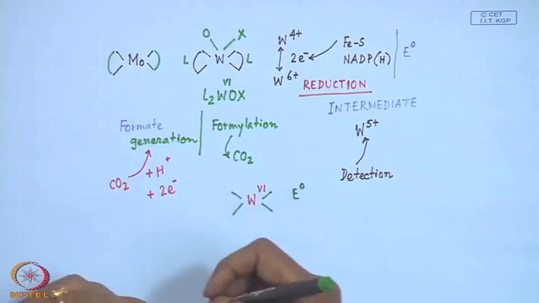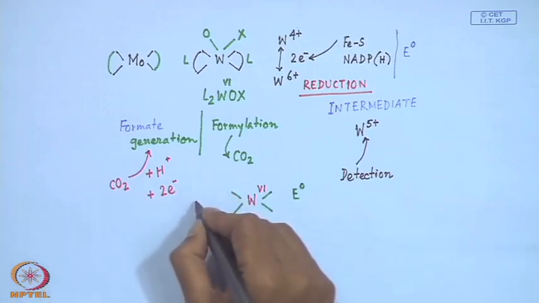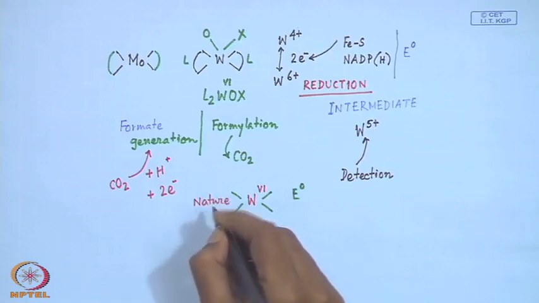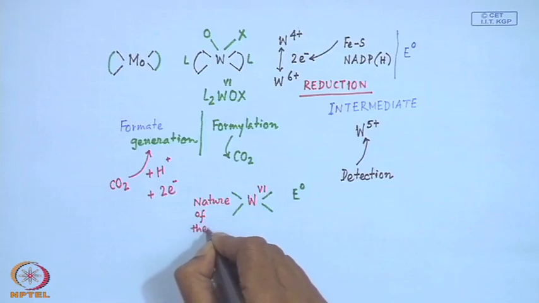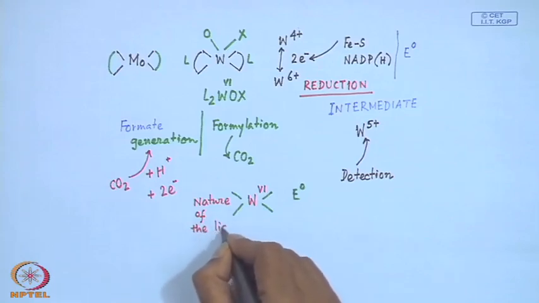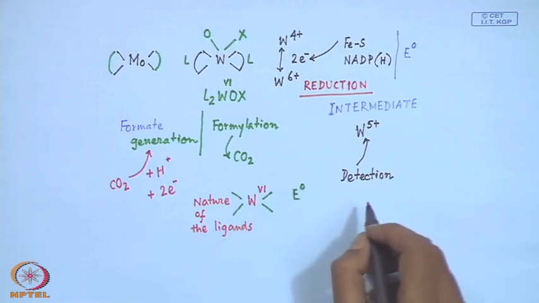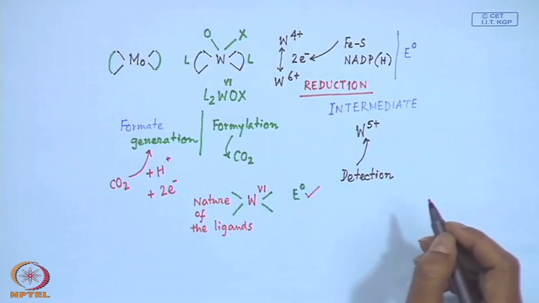Depending upon the nature of these ligating groups, the nature of the ligands basically controls the corresponding E0 values.